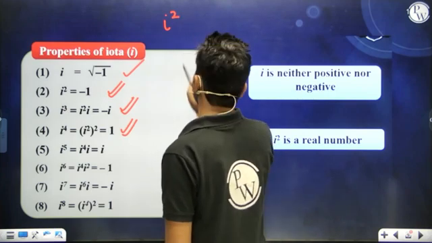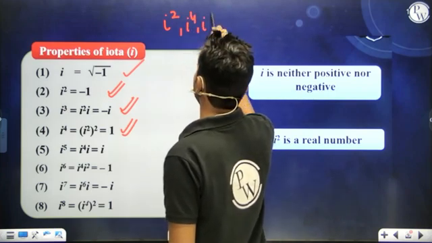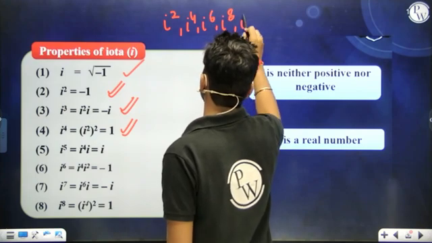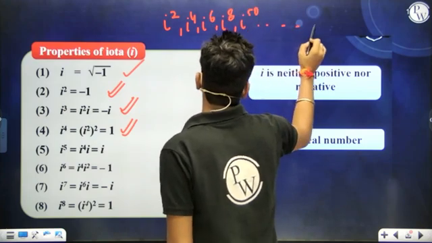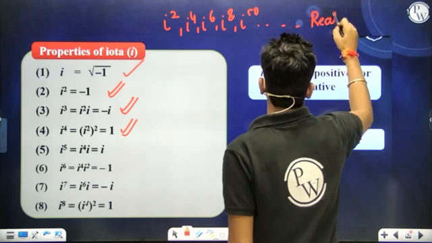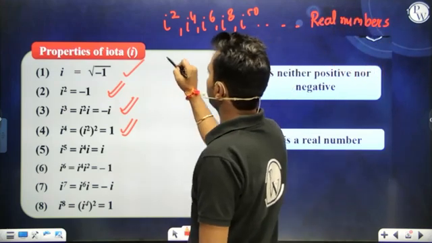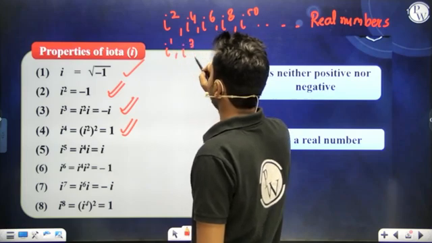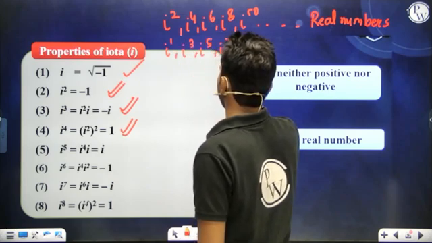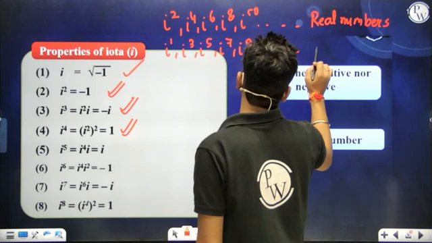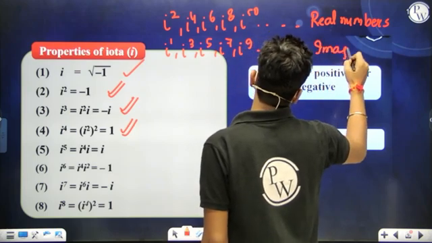Whereas iota to the power 1, iota to the power 3, iota to the power 5, iota to the power 7, iota to the power 9, these are all imaginary numbers. Yes or no?